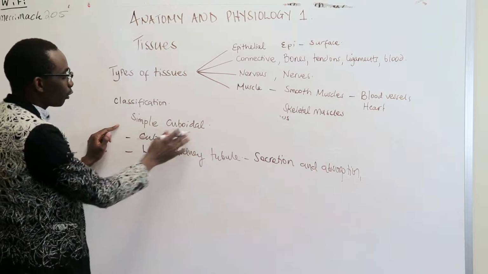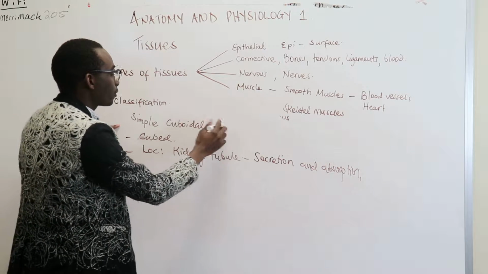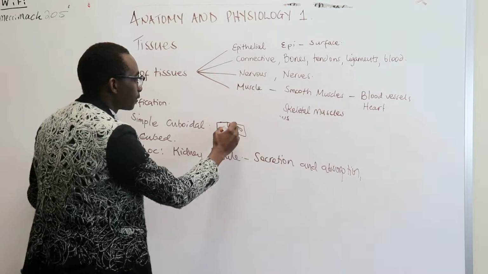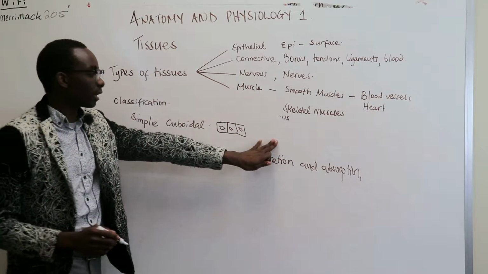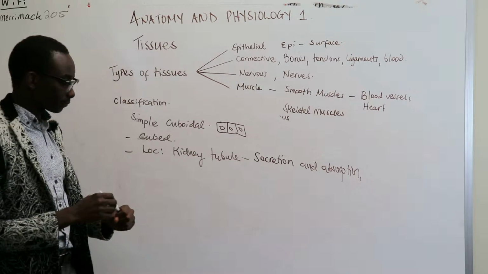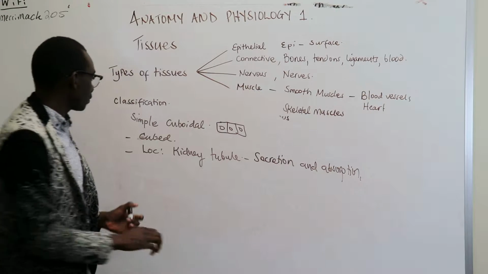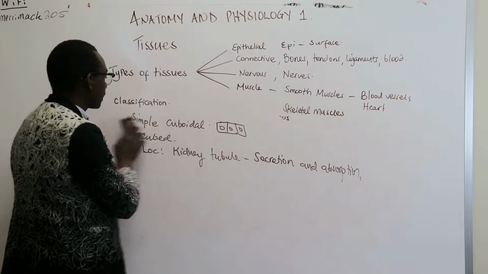So simple cuboidal cells are also thin layered cells which are cubed in shape. They have a cubic shape, and they are usually a single layer of cells. They are non-stratified in this area.